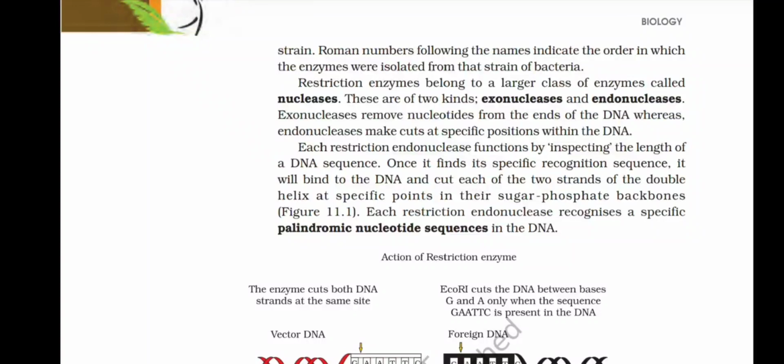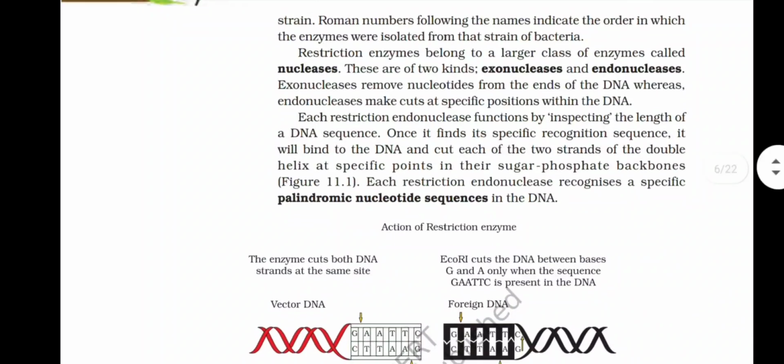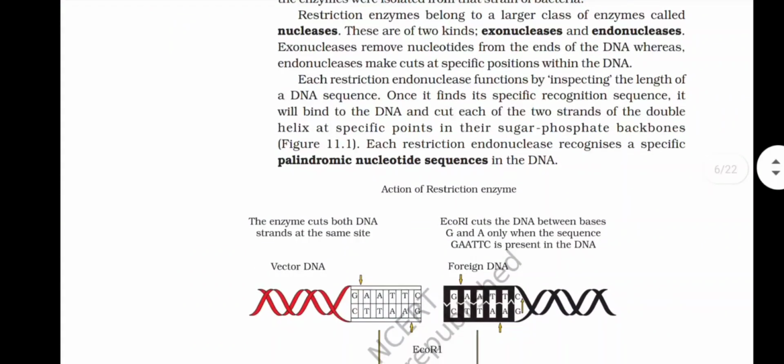Restriction enzymes belong to a larger class of enzymes called nucleases. These are of two kinds: exonucleases and endonucleases. Exonucleases remove nucleotides from the ends of DNA, whereas endonucleases make cuts at specific positions within the DNA. Each restriction endonuclease functions by inspecting the length of the DNA sequence.